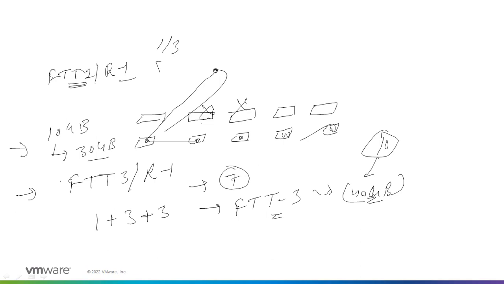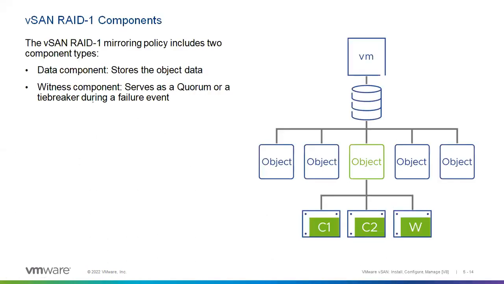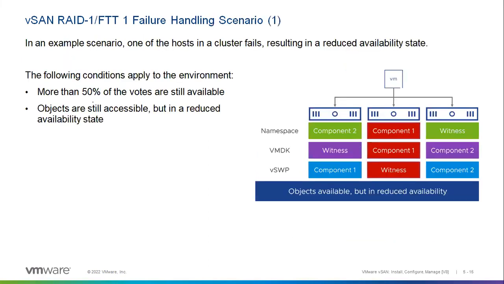We can do this on clusters. Still, if you go up, you can maintain 2 parallel failures here. So that's how these FTT policies work with FTT1, FTT2 and FTT3 with RAID 1.